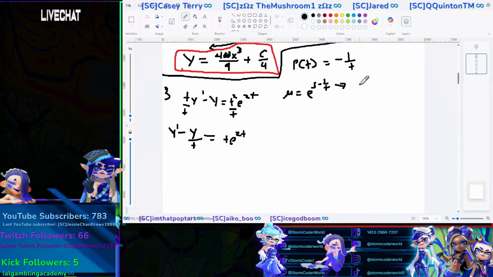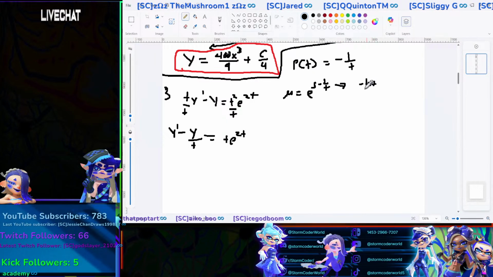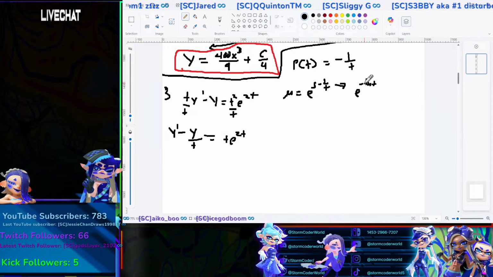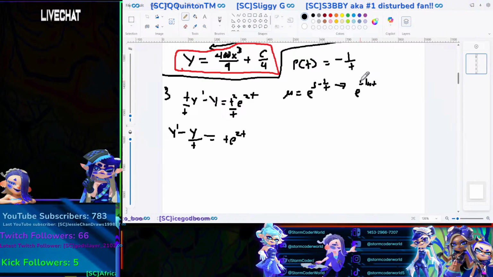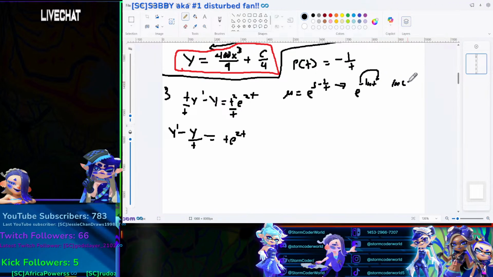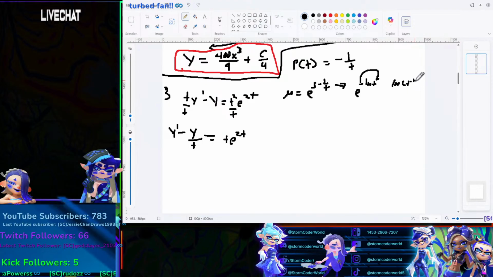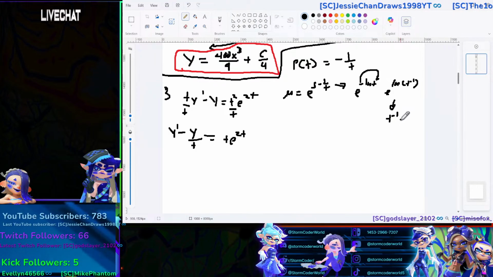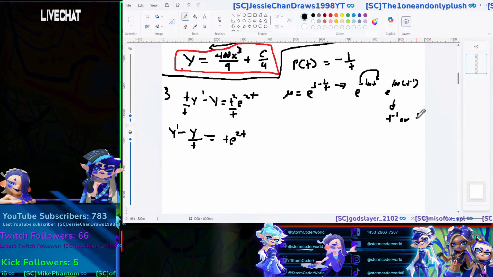And I know this is negative ln t, and this would be e. But from the way this works, this would come inside, so it would be ln t to the negative 1, and this would be e. So then this would simplify into t to the negative 1, or 1 over t.